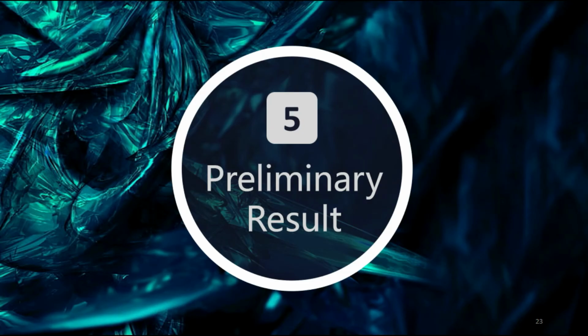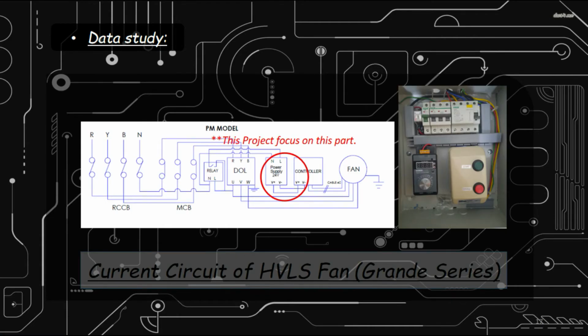Next, I would like to look at the next topic, which is the preliminary result. As you can see, this is the current circuit of the HVLS fan. Basically, this project focuses on the controller part. The flow is from the RCCB to the MCB and to the direct online.